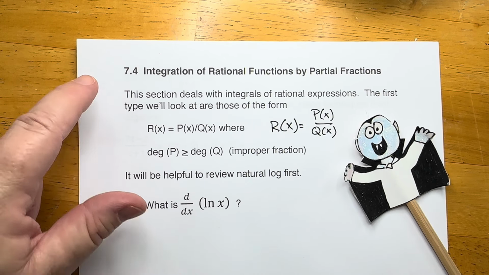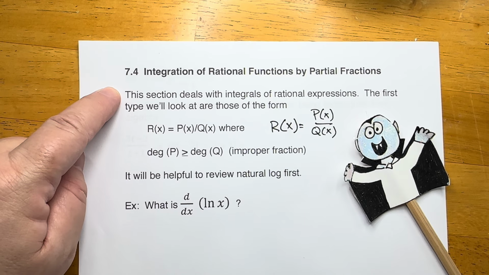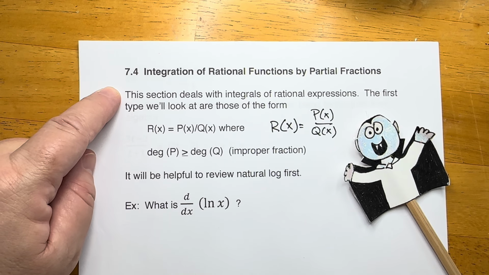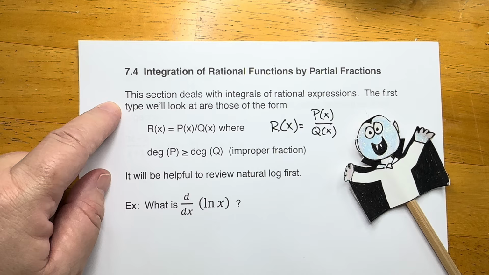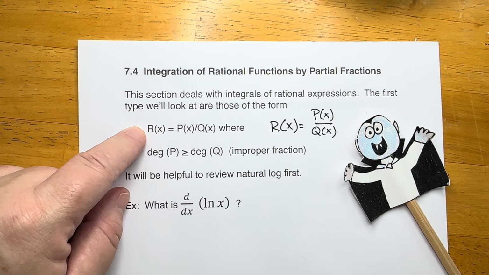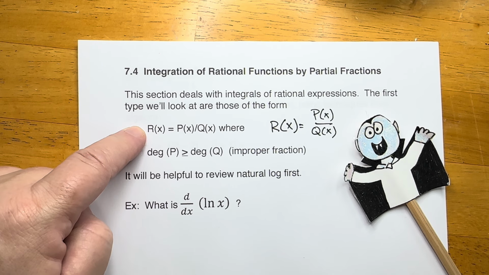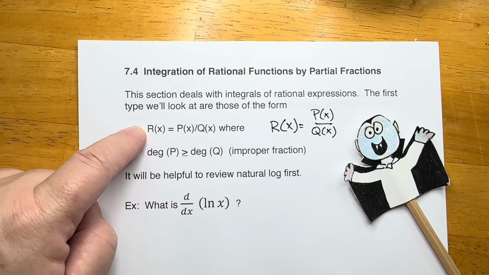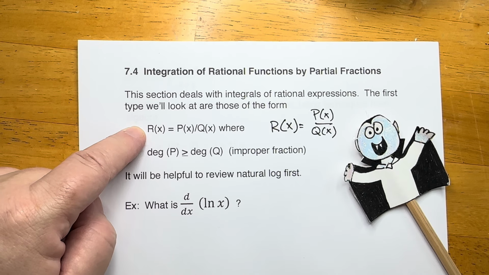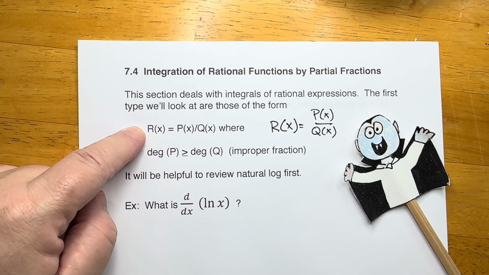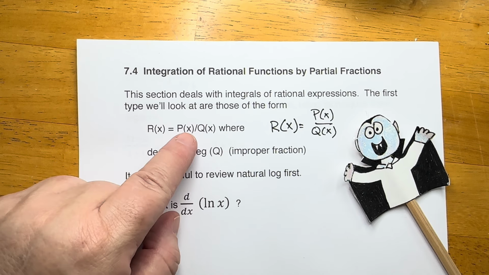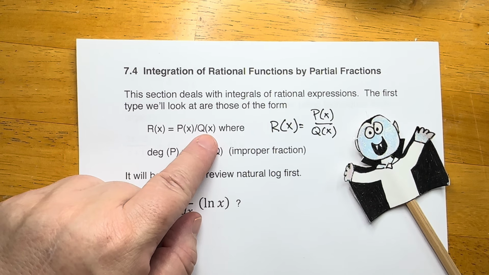And this section deals with integrals of rational expressions. The first type we'll look at are those of the form... And now I've got to tell you, the book uses these letters, but I've seen really different letters used in other books, so I'm not sure why they chose these ones exactly. But R of x is P of x divided by Q of x.